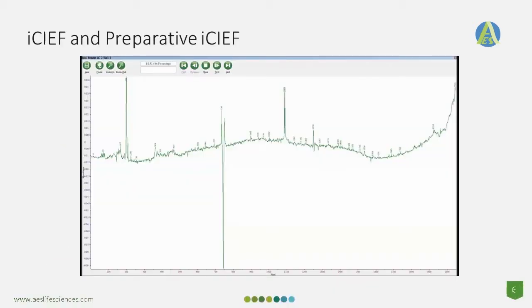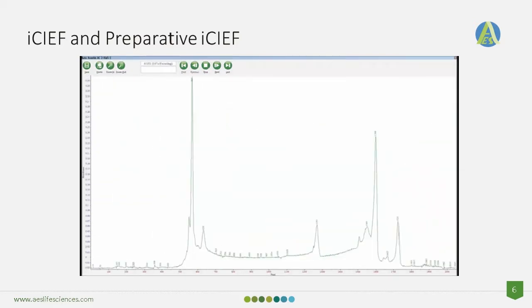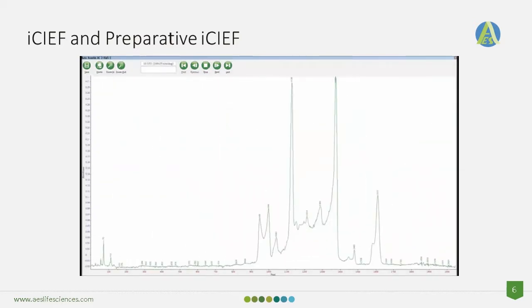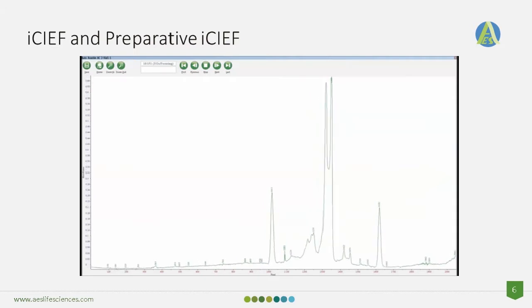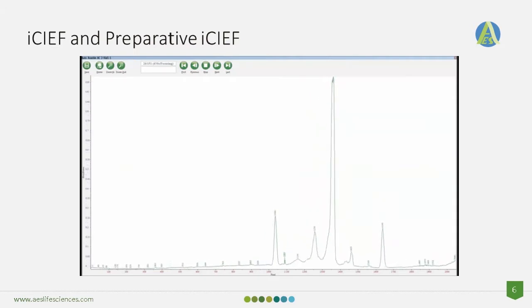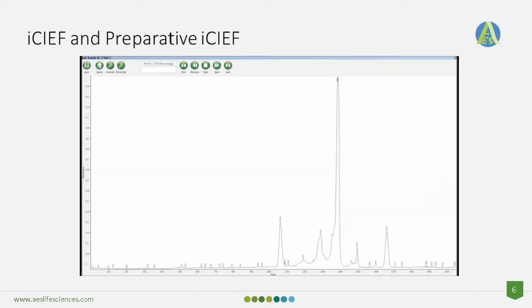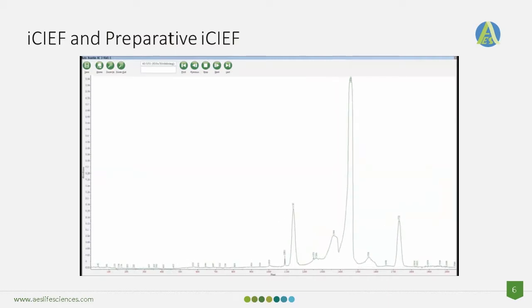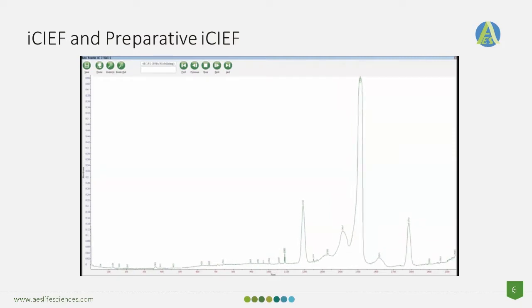I'll show the focusing and the mobilization process with a movie. You will see the protein with 2 pI markers focused in the system. It's not like what you see in other chromatographs, which show the intensity at different times.